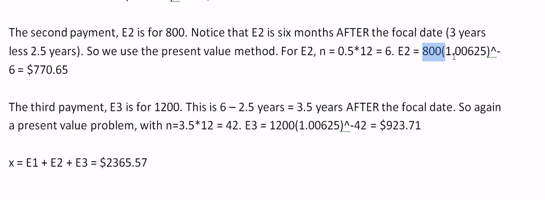Notice that we are using the present value method. So here the power is to the minus n, which is to the minus 6. So 800 brackets 1.00625 close brackets raised to the power of minus 6.